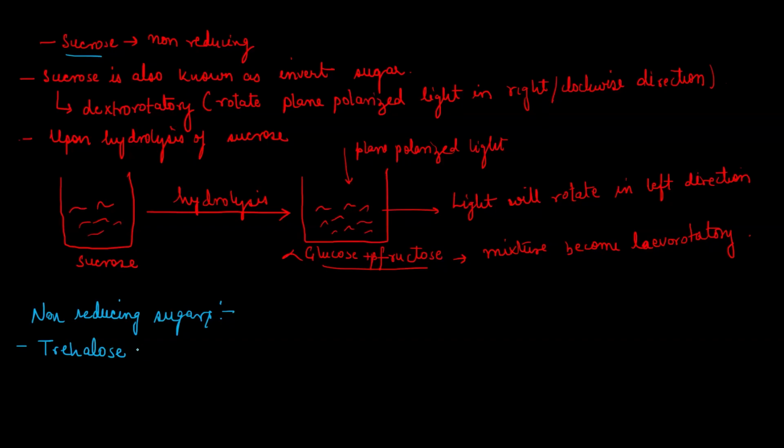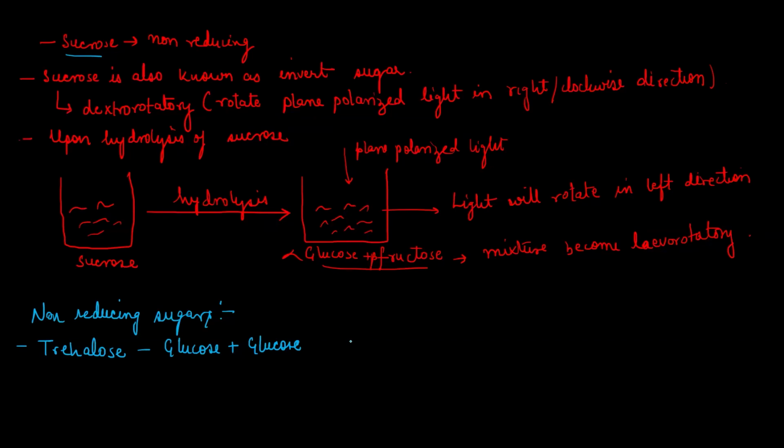Trehalose is also a disaccharide, made up of two glucose molecules. Now we can ask that maltose was also made up of two glucose molecules, so what is the difference? The difference is in their linkage. In the case of maltose, the linkage was alpha 1,4, between the first and fourth carbon.